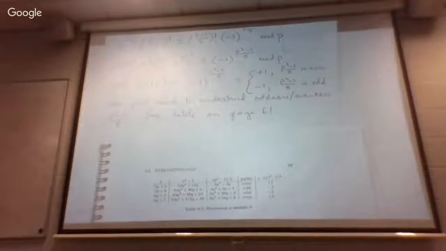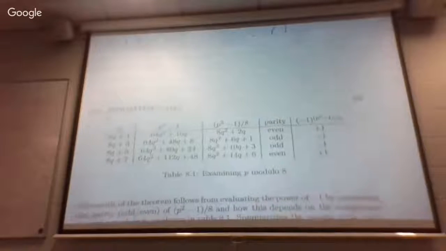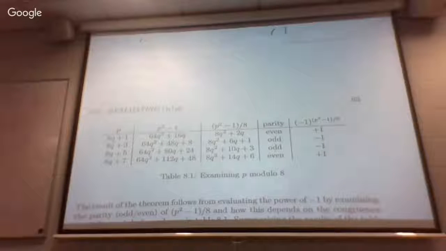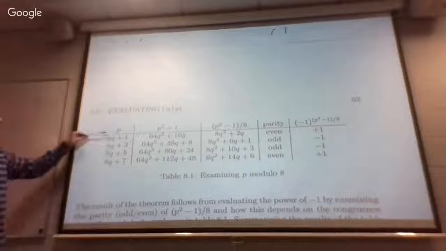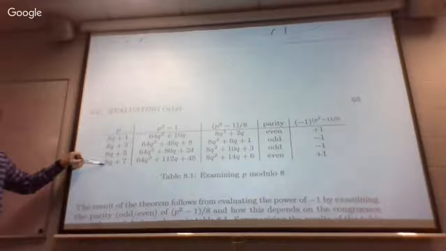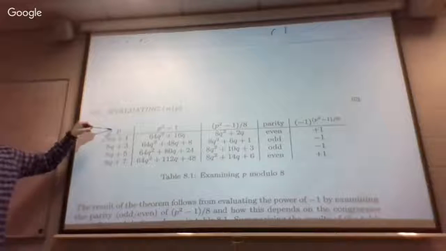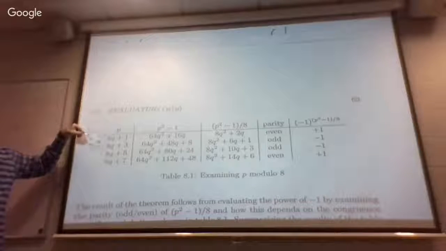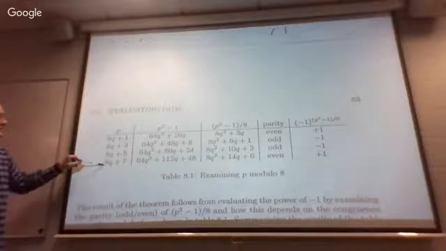I won't bother replicating this on the overhead. Here's p squared minus 1 for the various congruence classes mod 8. I'm only interested in the odd ones because p is a prime. So I don't need to consider the even ones. So just the odd congruence classes mod 8.